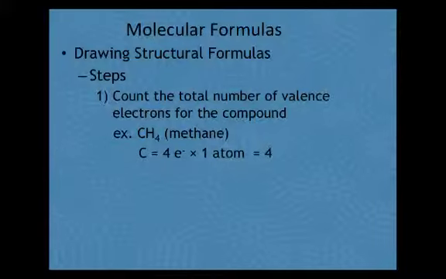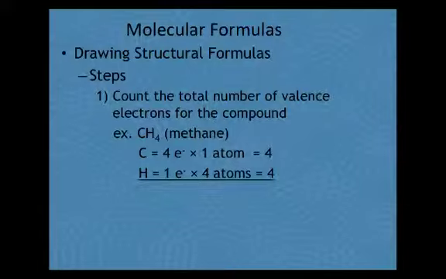Carbon has 4 valence electrons, and there's 1 atom of carbon, so there are 4 valence electrons coming from carbon. Hydrogen each has 1 valence electron times 4 atoms of hydrogen, for 4 electrons coming from the hydrogen. Now we'll add them up for a total of 8 electrons.